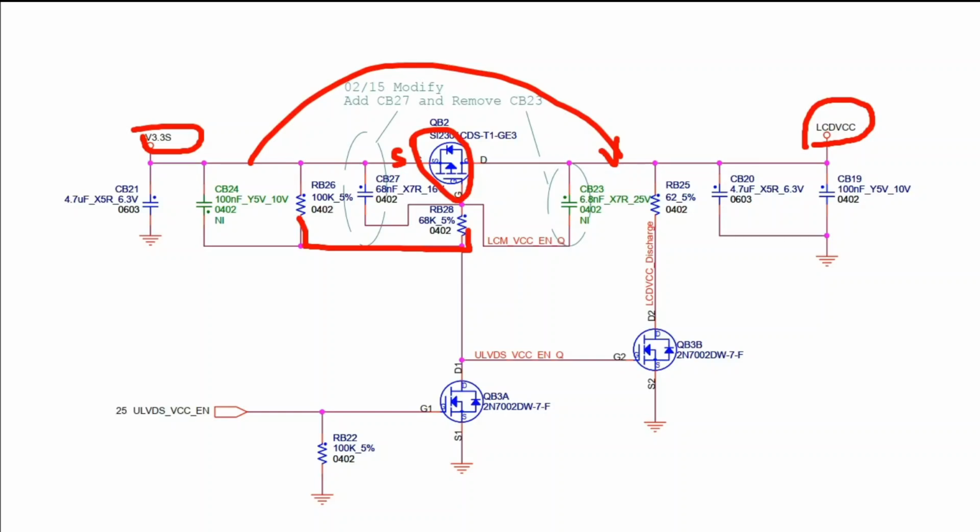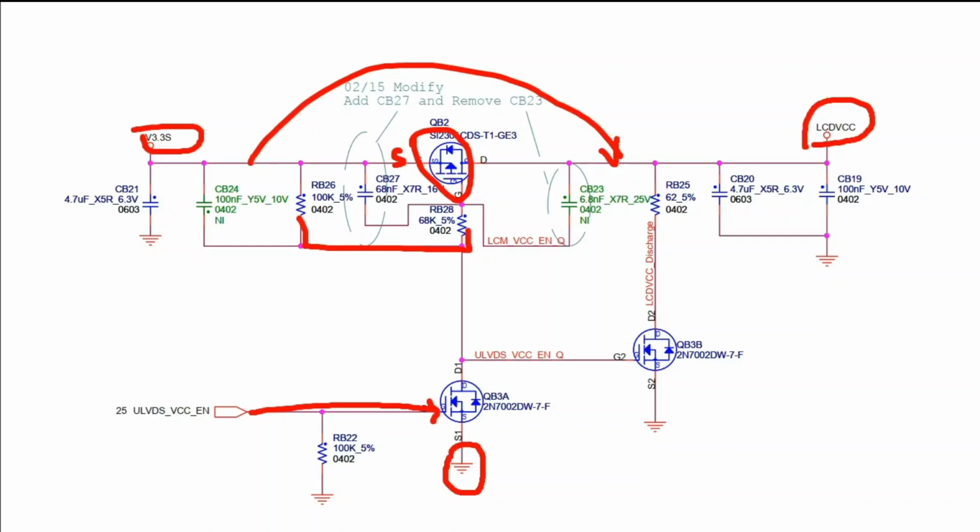So there comes the importance of this MOSFET here. It's an N channel MOSFET. N channel MOSFET is opposite of P channel MOSFET. So if we give a higher voltage with respect to source, it will conduct, and if we give a lesser voltage or equal voltage, it won't conduct. As we know, the ground point is connected to the source.